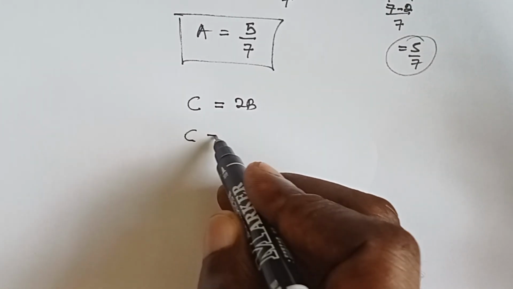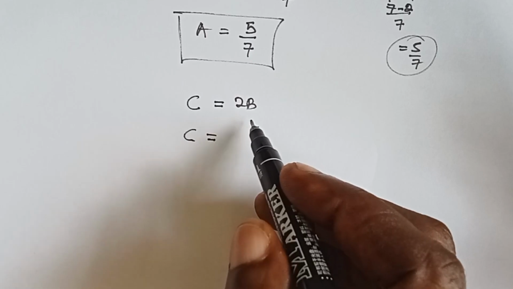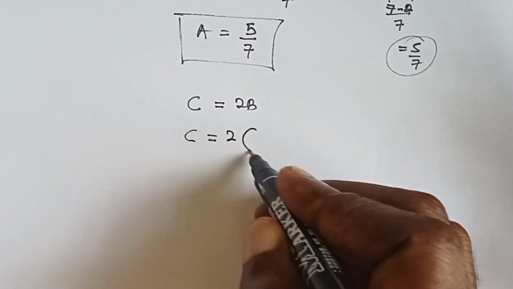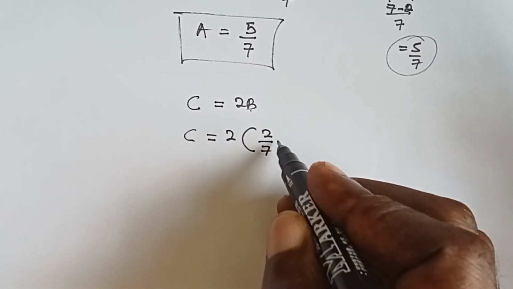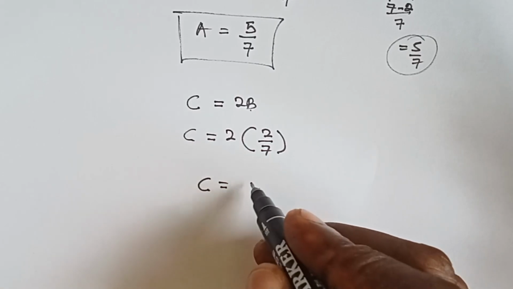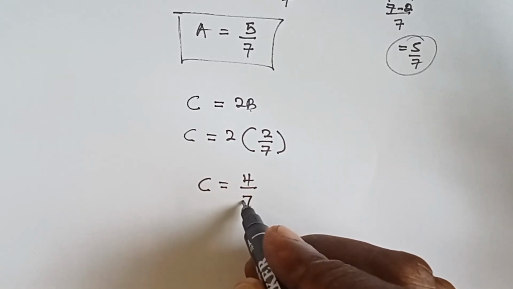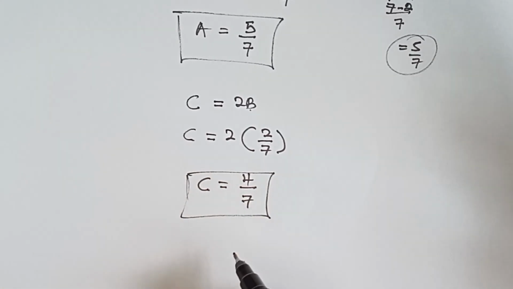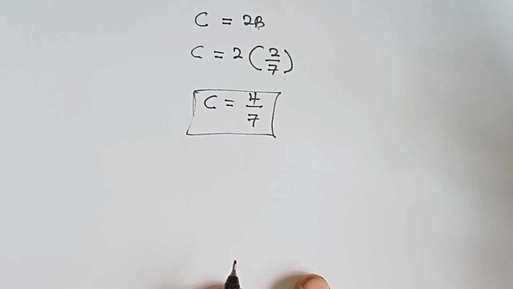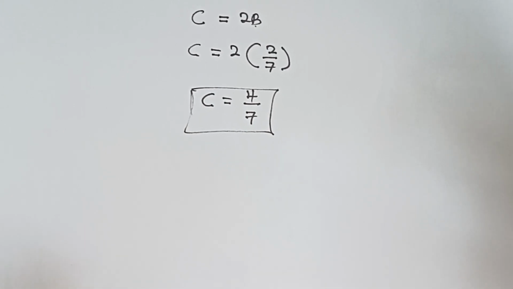Now, you know what our b is? Our b is 2 over 7. So 2 multiplied by b, 2 over 7, finally our c is 4 over 7. Okay, so we know what our a is, 5 over 7, our b is 2 over 7, and our c is 4 over 7.